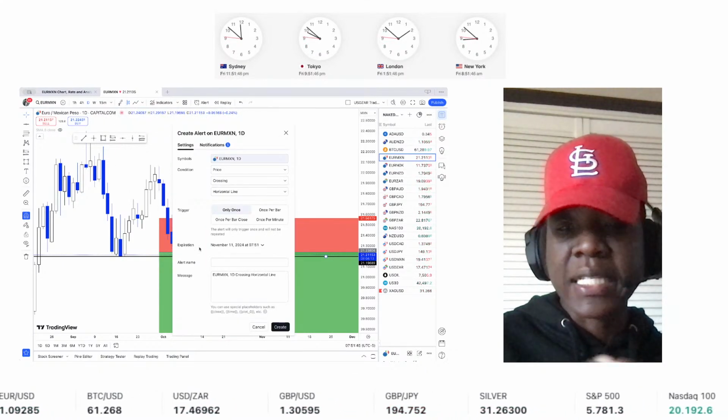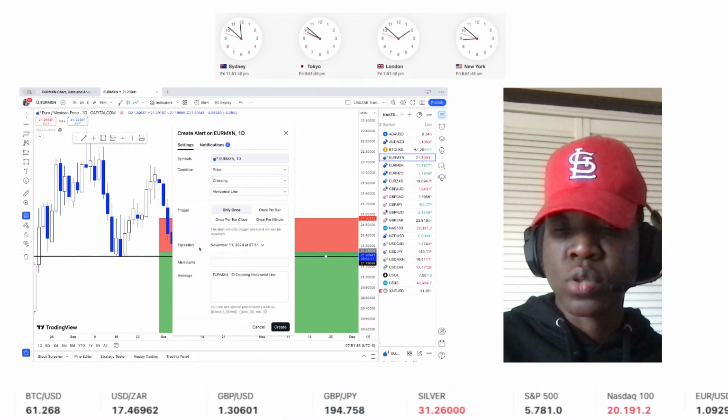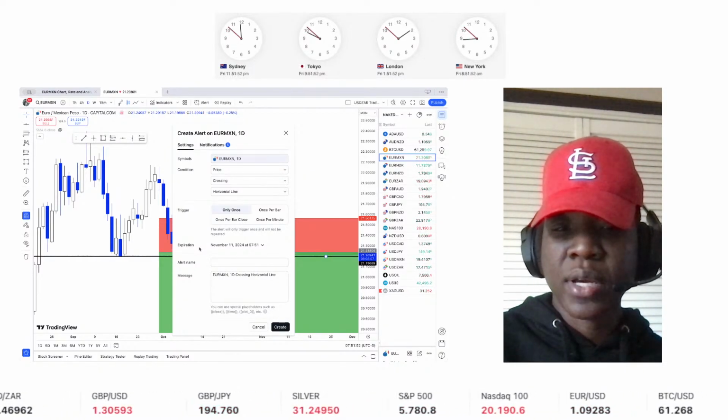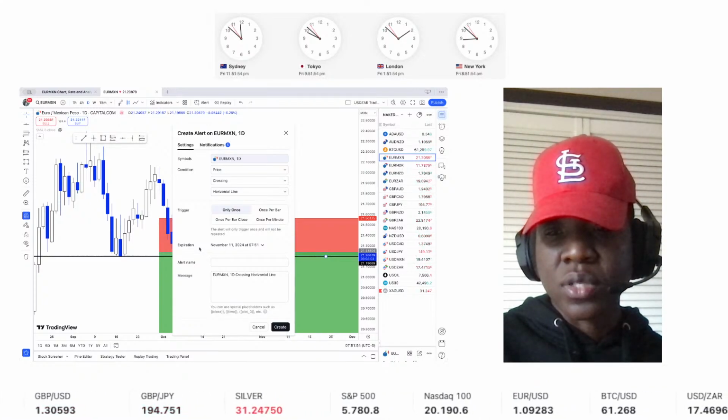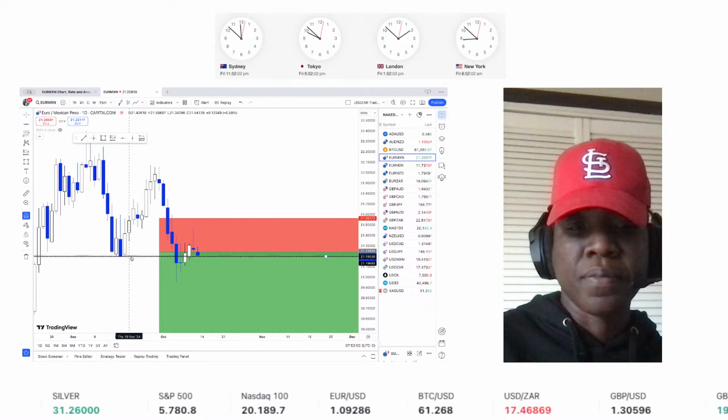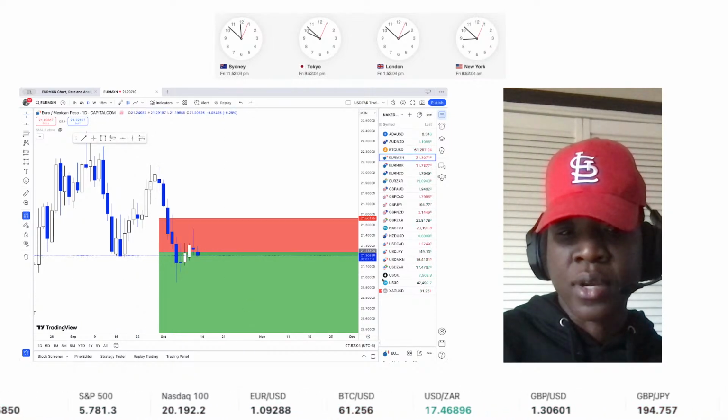That's how I do it, because I don't always want an order triggered once it hits a certain price. Sometimes I'm not ready for those sell stops, so we can take that level off.